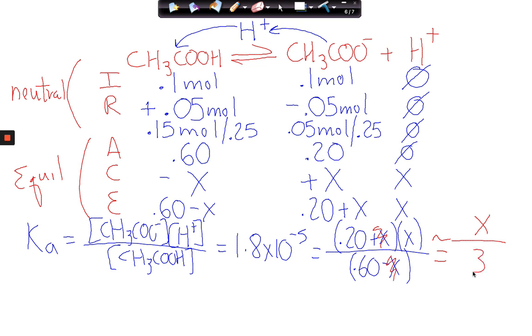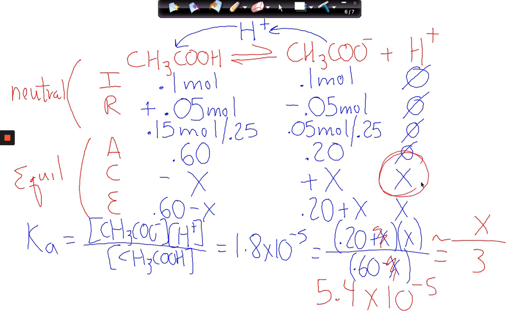And then, guys, we solve that. So we have 1.8 times 10 to the negative fifth. Multiply that by 3. And, guys, that gives me, let's do this in scientific notation, 5.4 times 10 to the negative fifth.